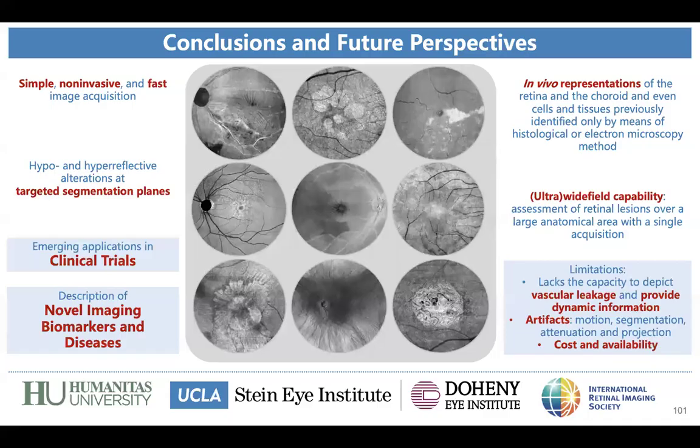This is especially important in inflammatory disorders more than others. In the future it would be very interesting to address this limitation and possibly correlate ultra-widefield OCT with leakage using dye-based angiographic techniques. This is just a quick conclusion and summary slide about everything.